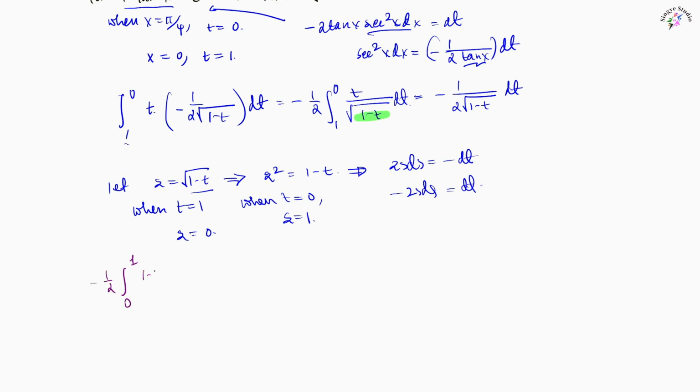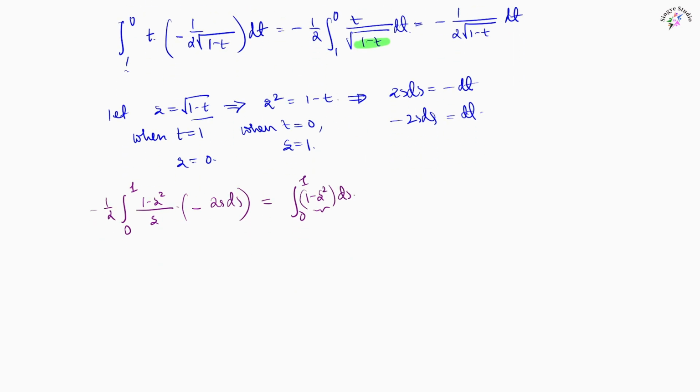What is t? It is 1 minus s squared, divided by root of 1 minus t, which is s, times negative 2s ds. Now the negative will cancel, 2 will cancel, s will cancel, so we get the integral from 0 to 1 of 1 minus s squared ds.